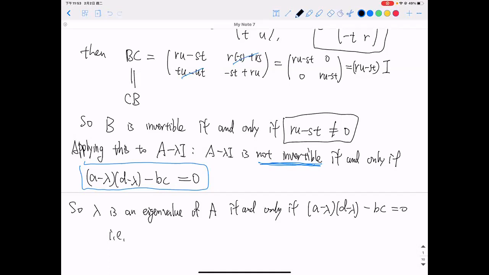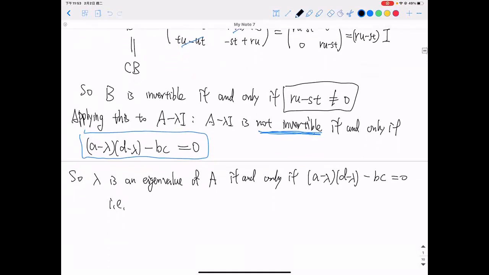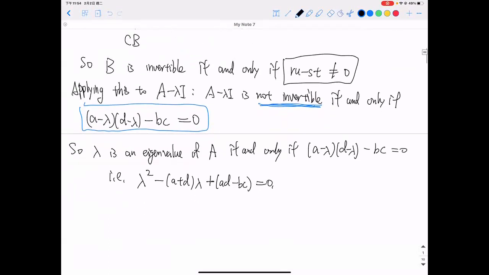And you can expand this. That gives you the following quadratic equation in lambda: lambda squared minus (A plus D) lambda plus AD minus BC equals 0. Okay. So this is a quadratic equation in lambda.